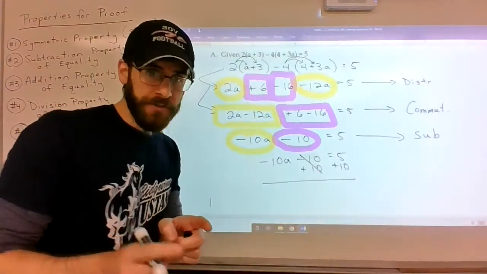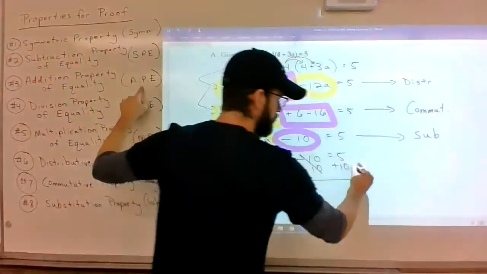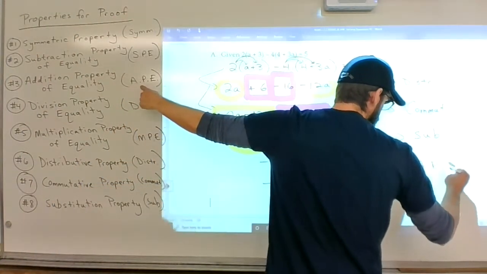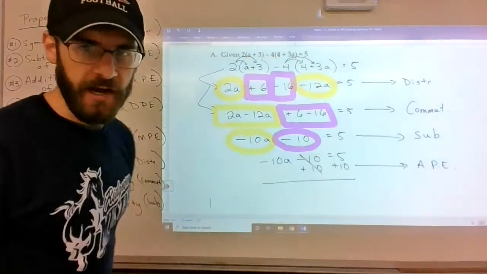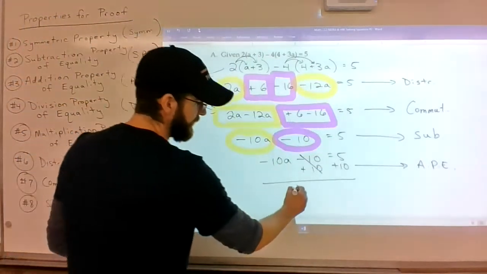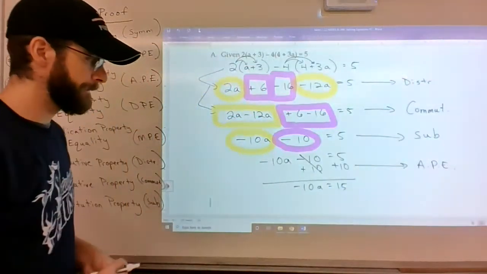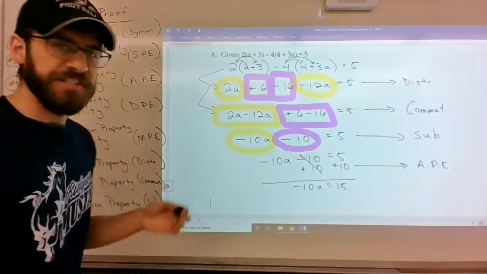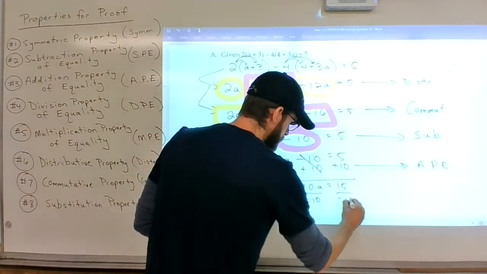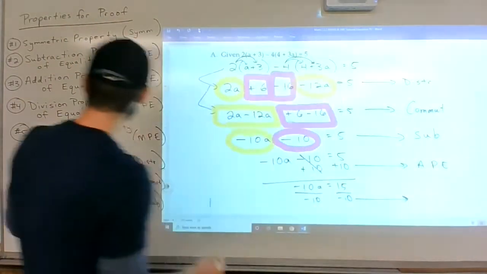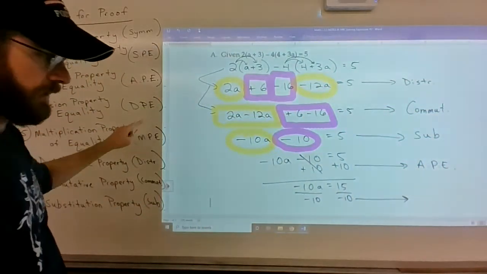And adding 10 to both sides would be the addition property of equality. Right? You added a constant to both sides to get them side by side. So negative 10a is equal to 15. Divide by negative 10. Dividing both sides of the equation would be the division property of equality.